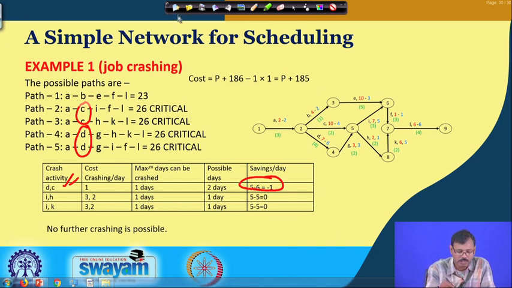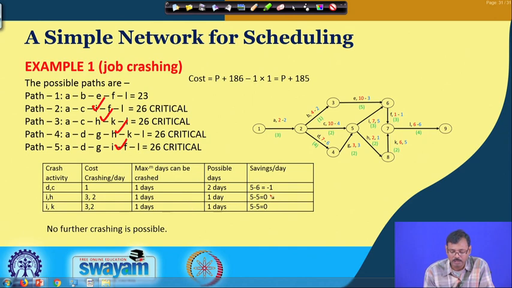Or, the other way, we have I and H, which appear here and here. If you crush I and H both by 1 day, then the duration can be reduced, but our profit is 0.